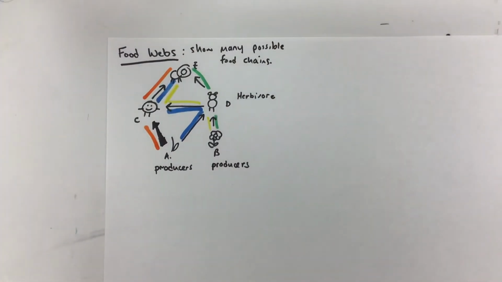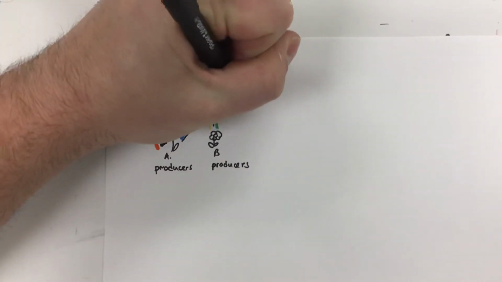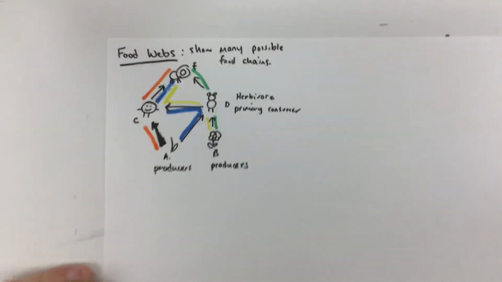Okay, D is an herbivore, which means that he is a consumer, right? What type of consumer is he? Is he the first consumer in his chain, or the second or the third? He's the first consumer. What do we call first consumers in the chains? Primary. This herbivore is the primary consumer. Okay.